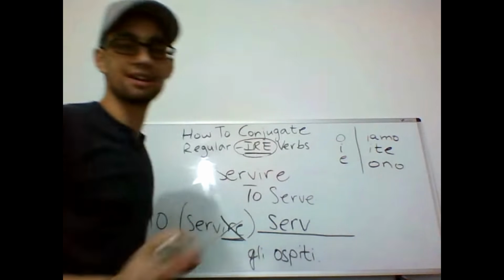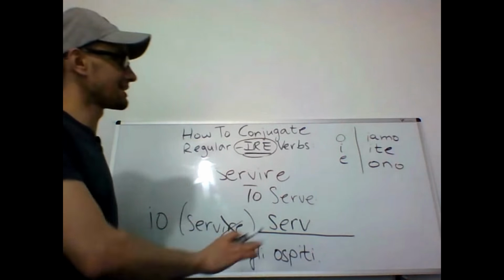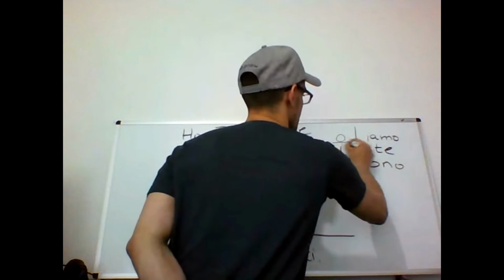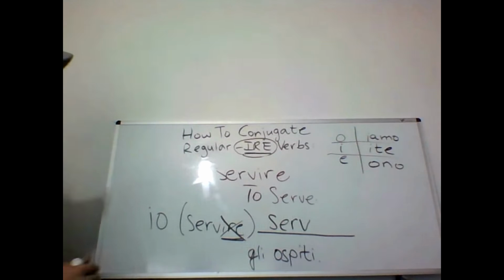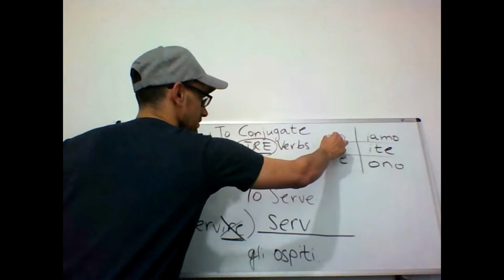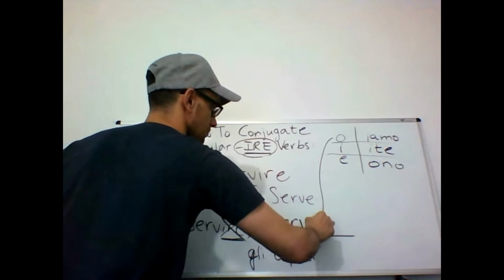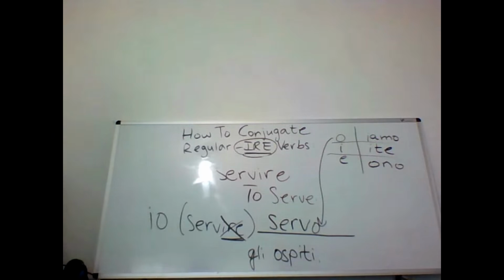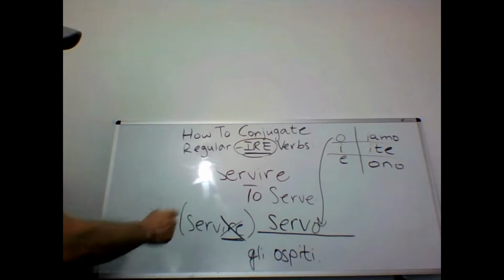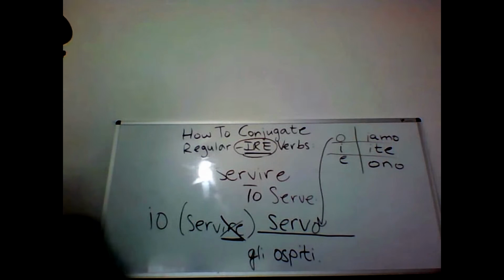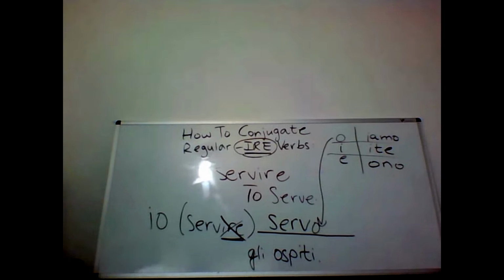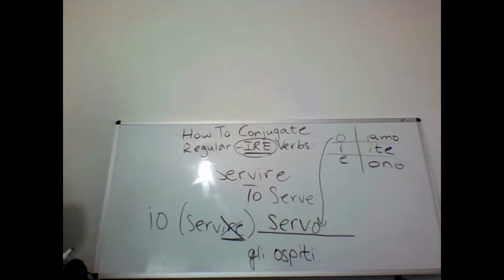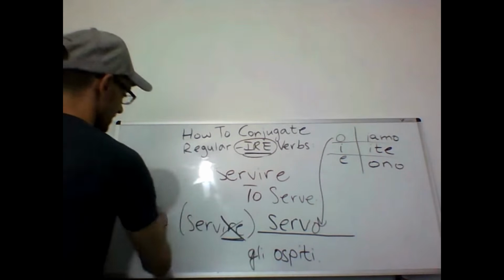I didn't want to put it on the first verb because we had already jotted that down, but here's our table for reference. Okay? So I'm going to look here. Boom. Servo. Io servo gli ospiti. I serve the guests. That's our first conjugation for servire.